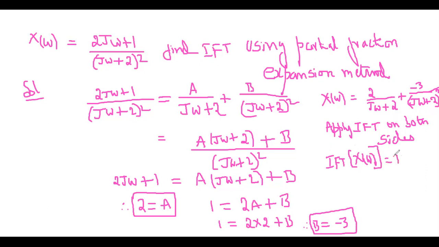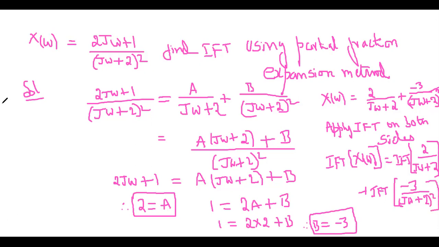That is equal to the inverse Fourier transformation of 2 by j omega plus 2, plus the inverse Fourier transformation of minus 3 by j omega plus 2 whole square.